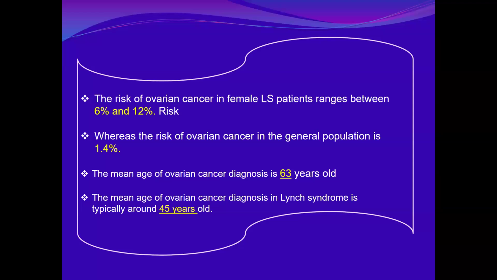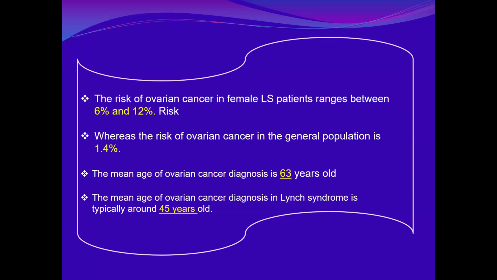So, the risk of ovarian cancer in females with Lynch syndrome ranges between 6 and 12%, whereas the risk of ovarian cancer in the general population, the sporadic, is only 1.4%. It is high, but not like endometrial cancer, which is 70%, or colorectal cancer, which is 80%.